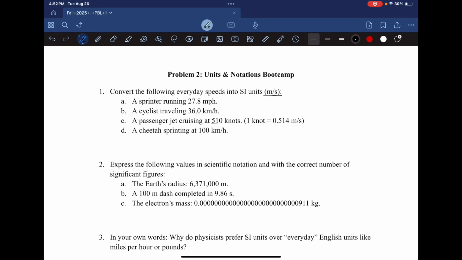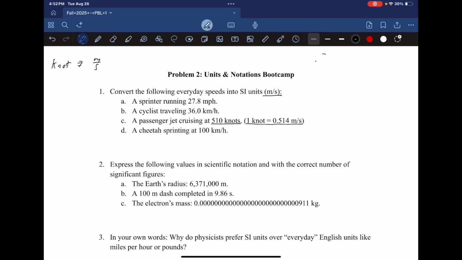Okay, so for this next problem, we have 510 knots, and we want to use the conversion factor that 1 knot equals 0.514 meters per second. So if we have a knot, and then we want to put it into meters per second, since we know that 1 knot equals 0.514 meters per second, that's the same as saying for every 0.514 meters per second, we have a knot.